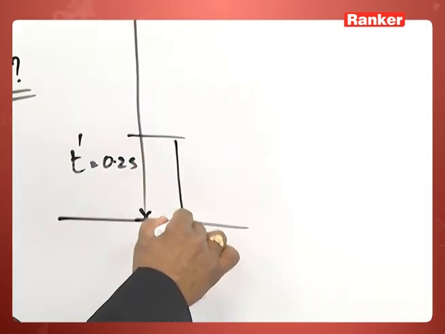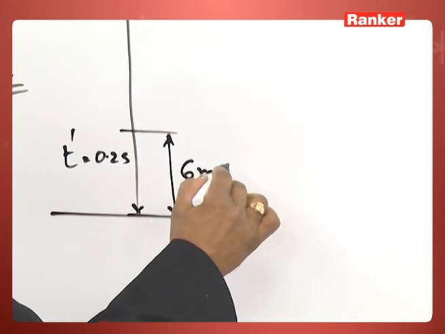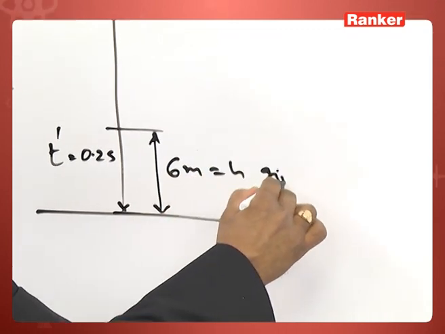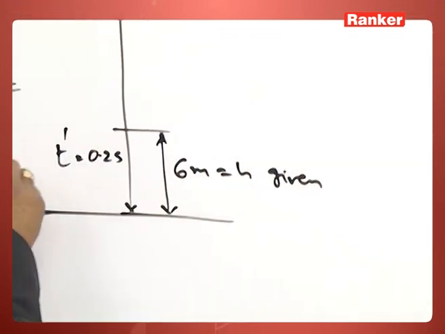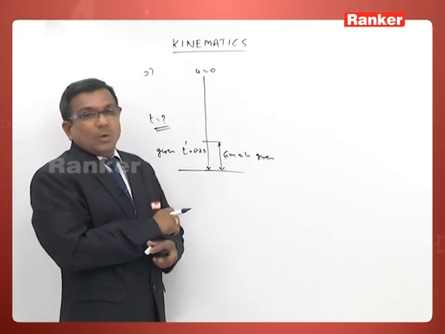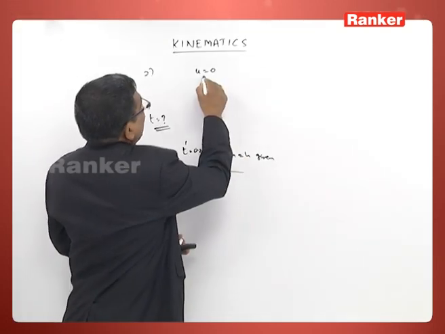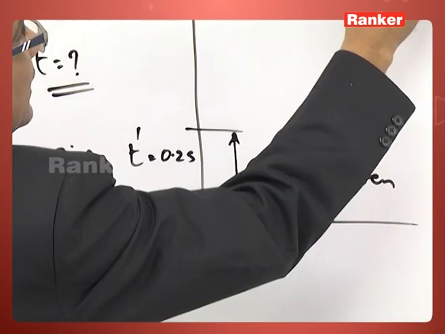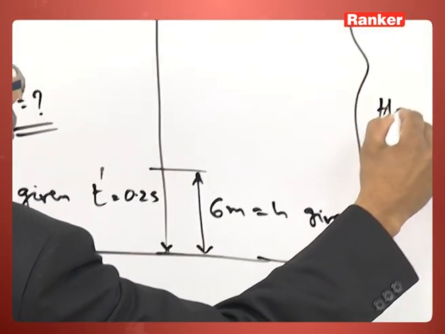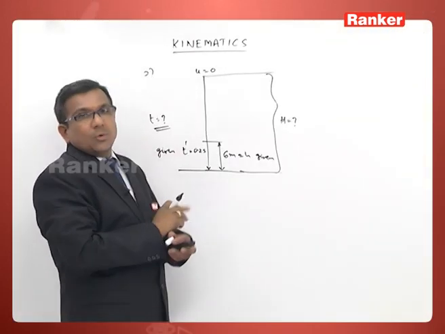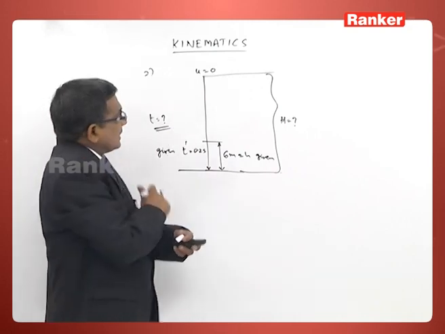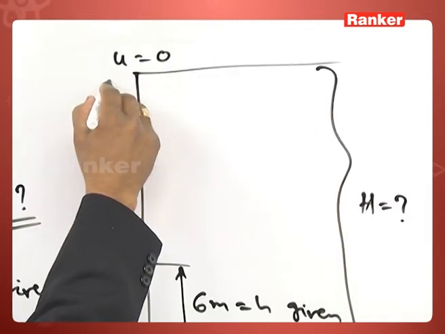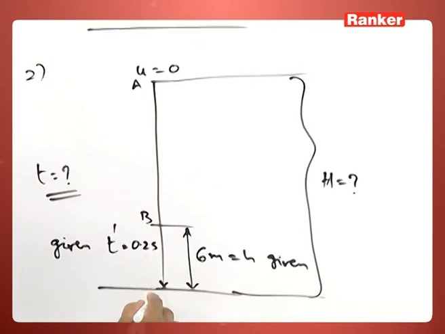This is given. Now what do you want to calculate? What is the total height? Say this total height is h. We want to calculate this height. How do you calculate it? Now let us divide this total journey of the body into A, B, C.